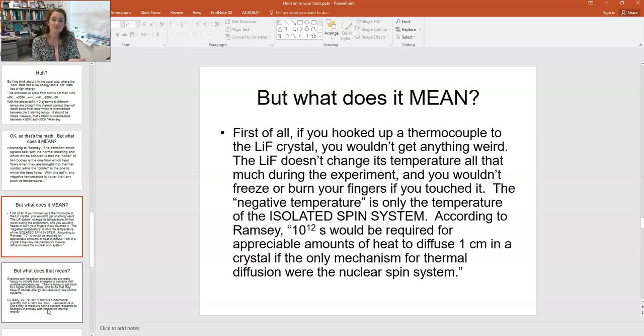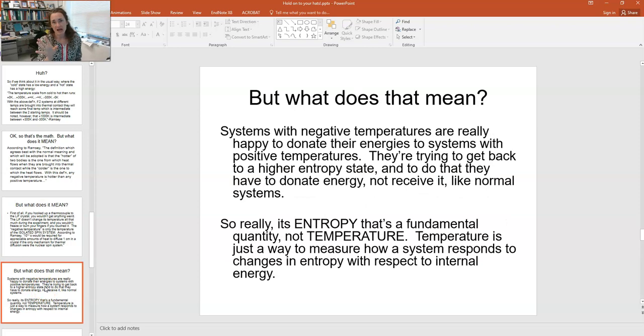And this mechanism of heat transfer does not dominate; the normal mechanisms dominate. Remember that there's pi times 10 to the 7th seconds in a year, so 10 to the 12th seconds is a really long time. As to what all this means, systems with negative temperatures are really happy to donate their energies to systems with positive temperatures.